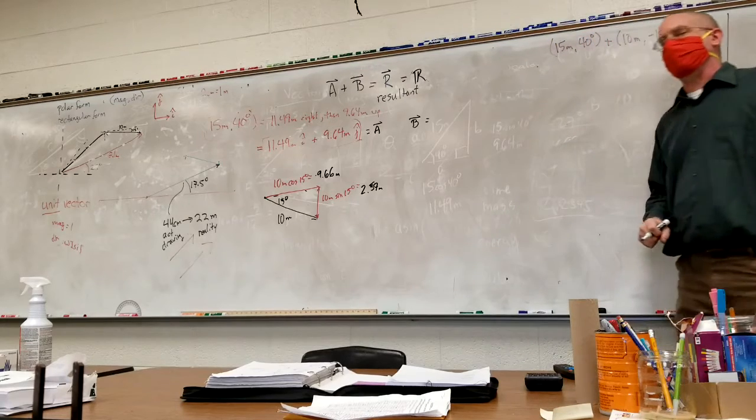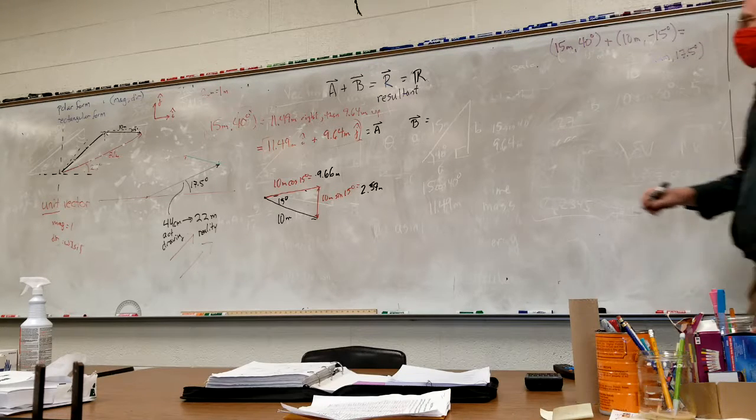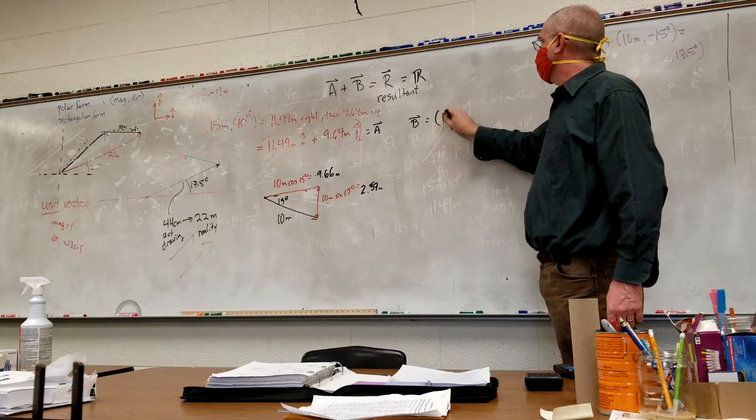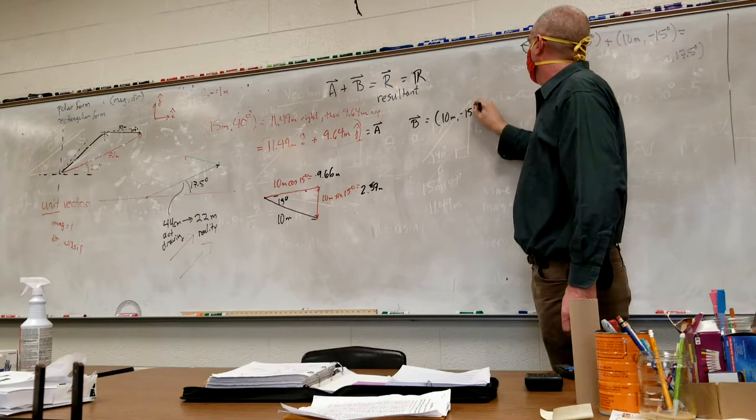So who wants to take a shot at telling me what vector B is in rectangular form? When we first wrote polar form, that was 10 meters at negative 15 degrees.